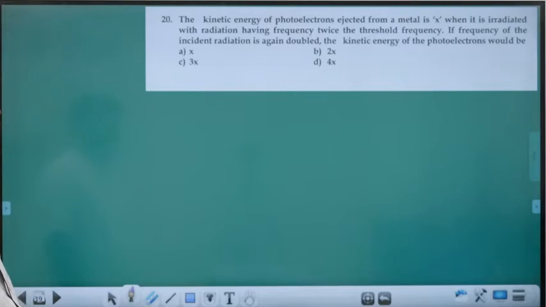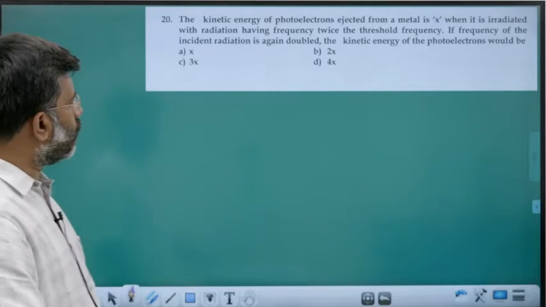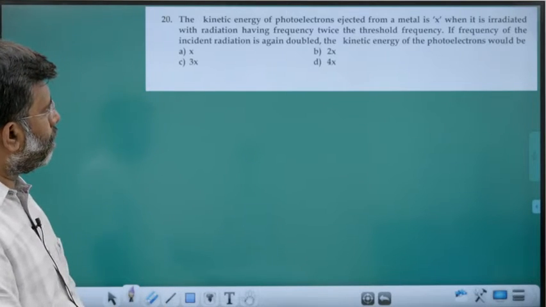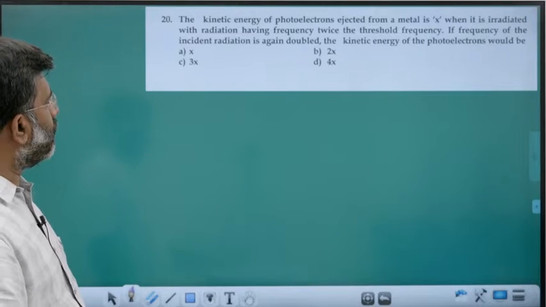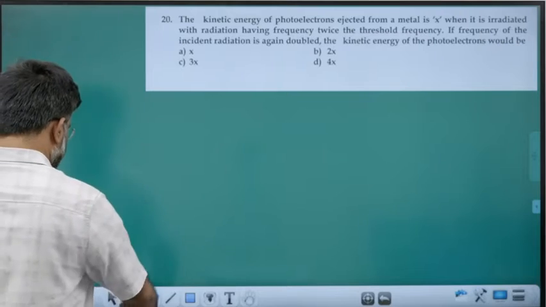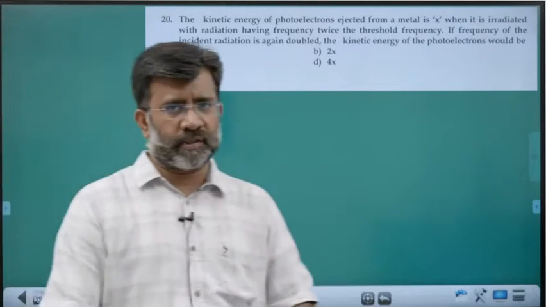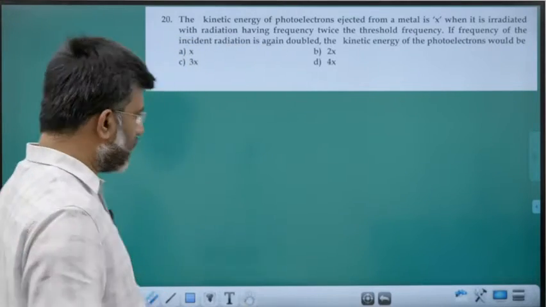Kinetic energy of photoelectrons ejected from a metal is X when it is irradiated with a radiation having frequency twice the threshold frequency. If the frequency of incident radiation is again doubled, what will the kinetic energy of the photoelectron be?